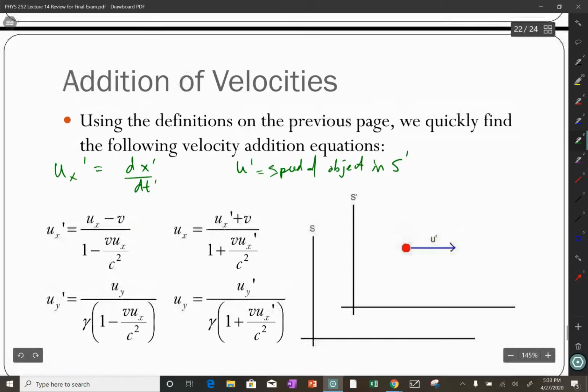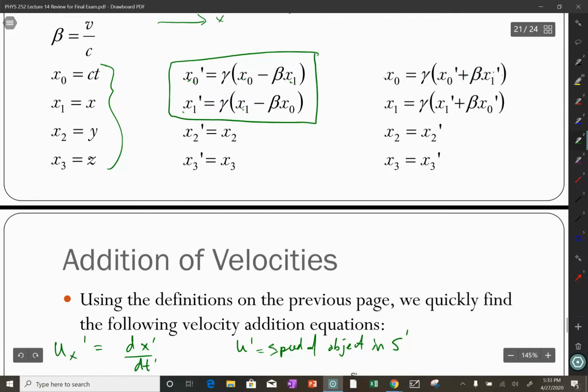Well, we just use the relationship then that x prime is equal to gamma times (x1 minus beta x0).